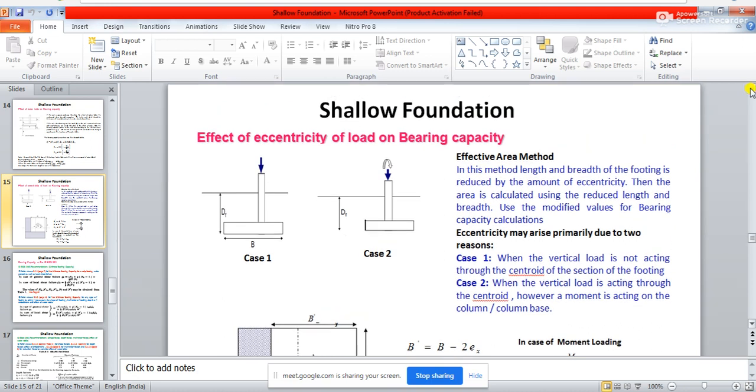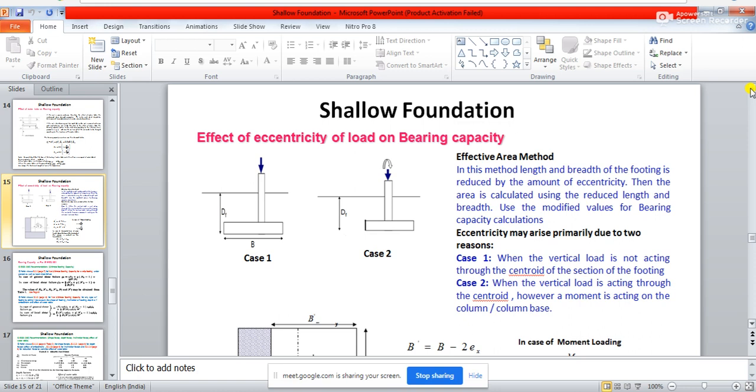If you see Terzaghi's bearing capacity equation, q ultimate is equal to cNc plus gamma D Nq plus 0.5 gamma B N gamma. Till now we have discussed the introduction of one factor by Terzaghi, called the shape factor.